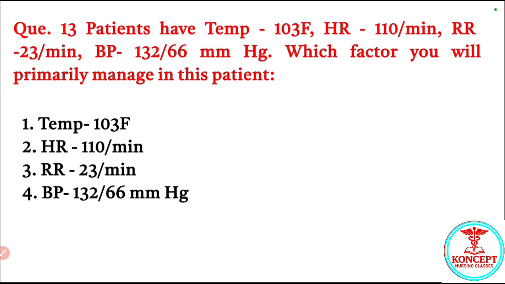Next, patient has temperature 103 degree Fahrenheit, heart rate 110 per minute, respiratory rate 23 per minute, BP 132/66 mmHg. Which factor will you primarily manage in this patient? Correct answer is option 1, temperature 103 degree Fahrenheit.